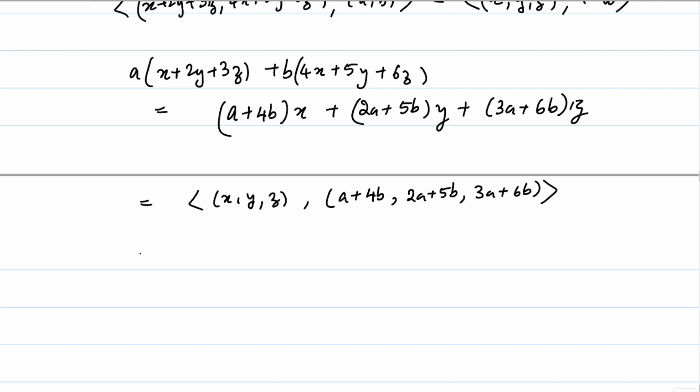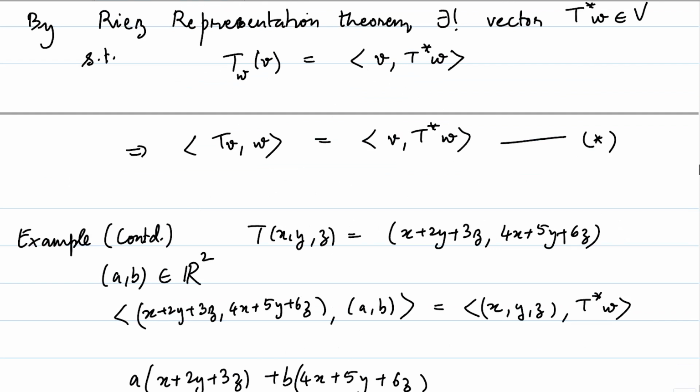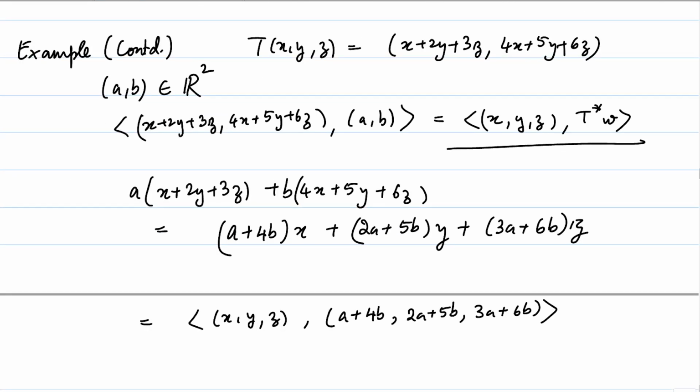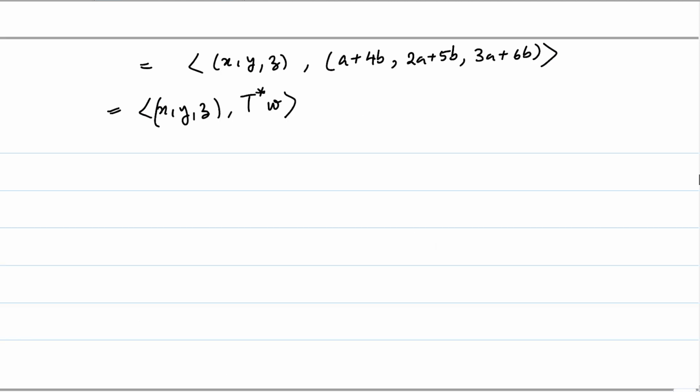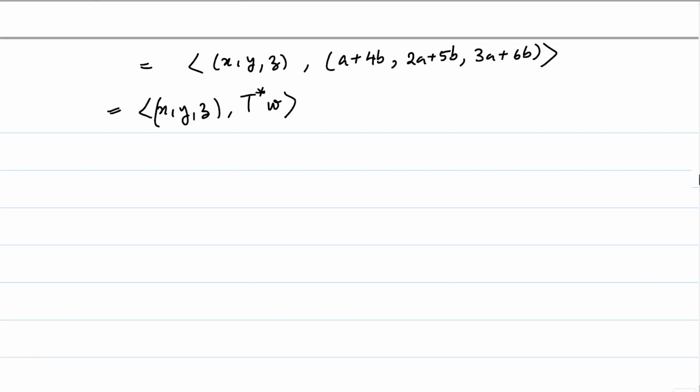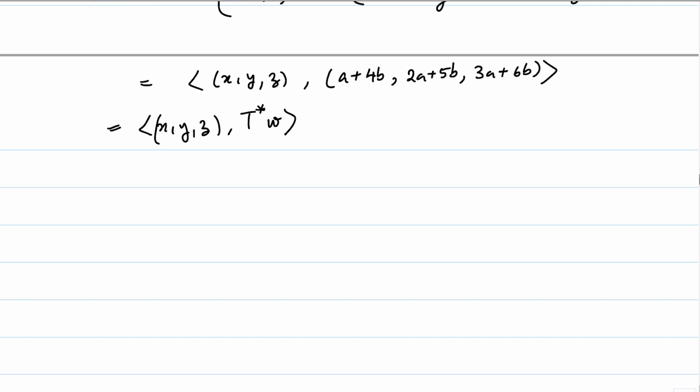But what is this? This is also equal, by star, to the inner product of (x, y, z) and T star w. So what is this telling us? Let me just write it down clearly.